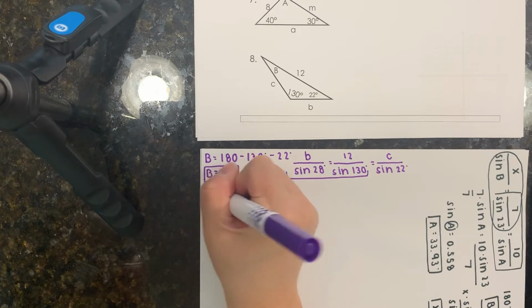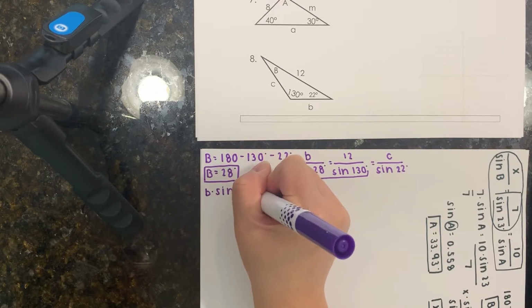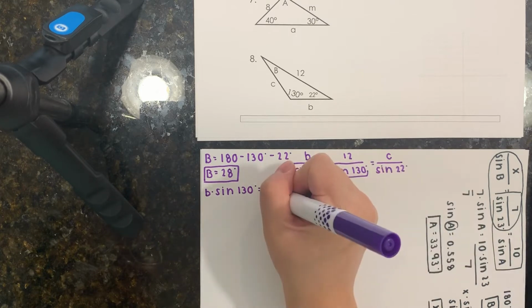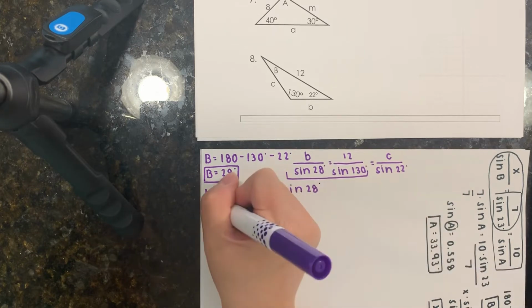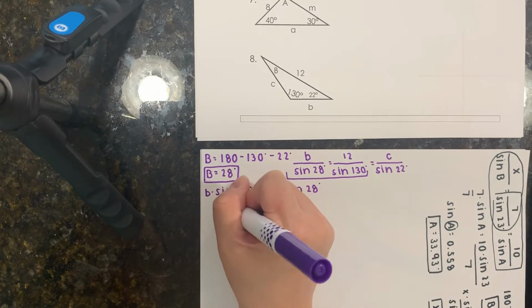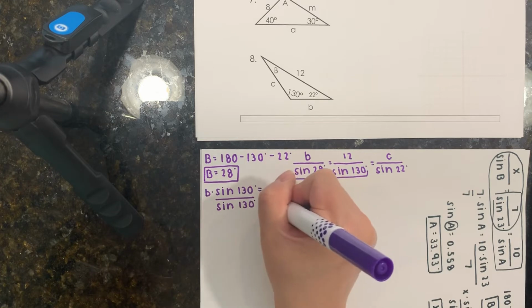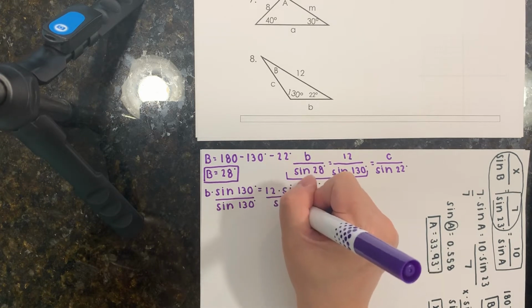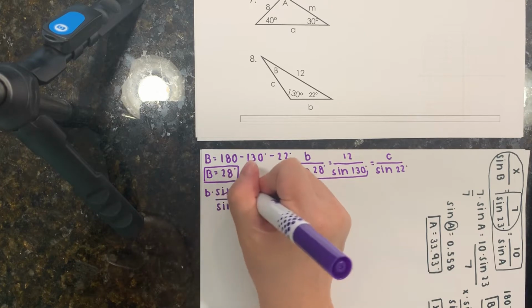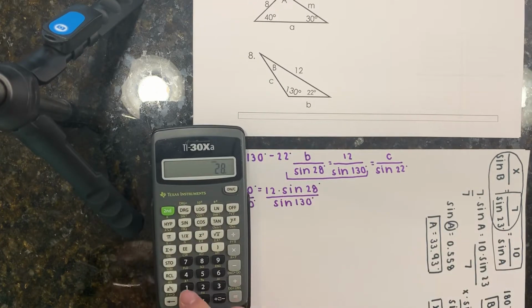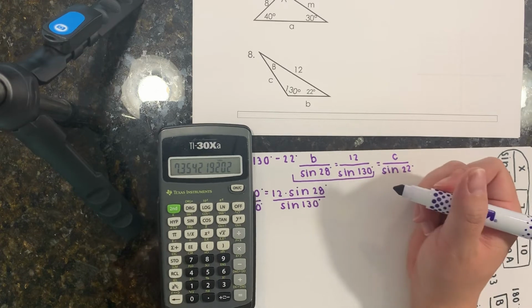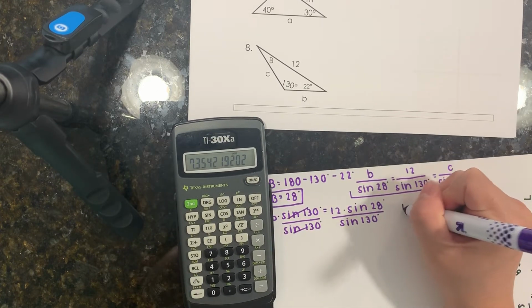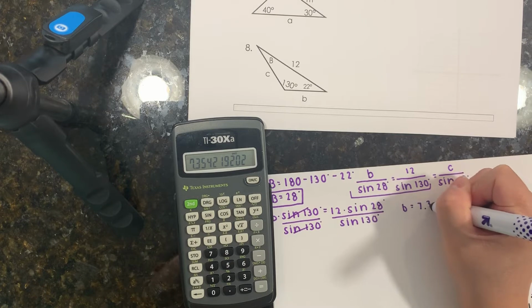So that would be b times sine of 130 equals 12 times sine of 28, and divide both sides by sine of 130. So 12 times sine 28, divided by sine 130, and we get b is equal to 7.35.